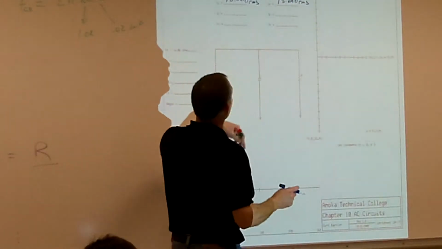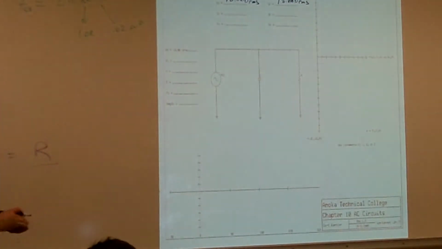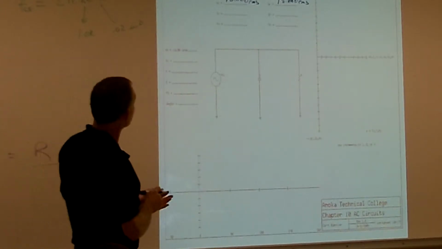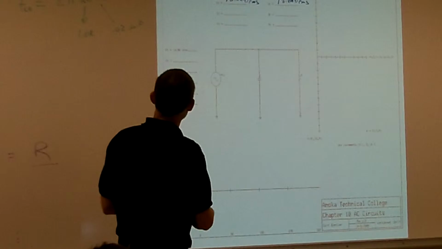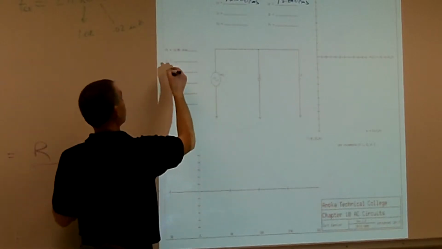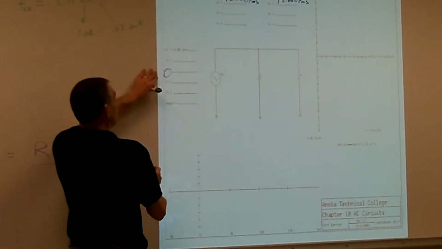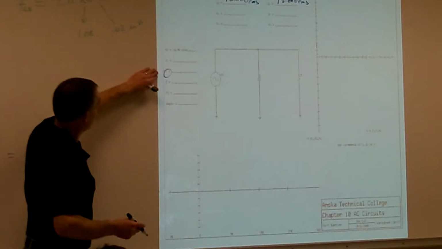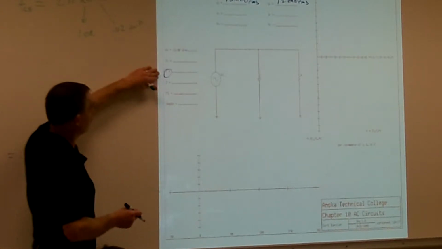All right, so now once we know those, since we like to practice using our trig, we want to find the total conductance of our circuit. We want to know how conductive our circuit is.